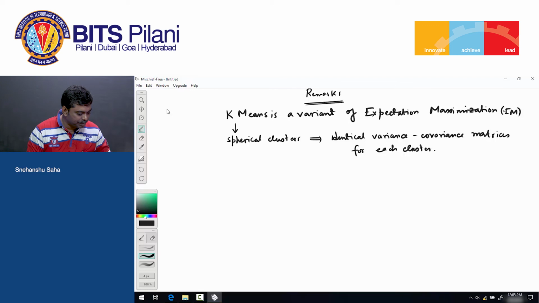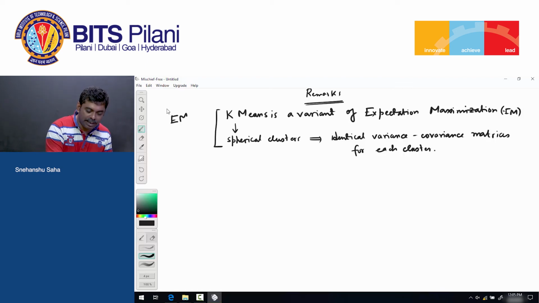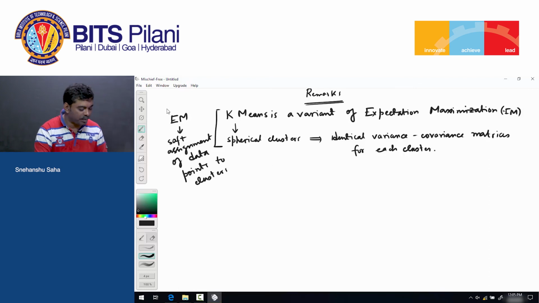And what EM does, unlike k-means, is work on a soft assignment, a probabilistic one.